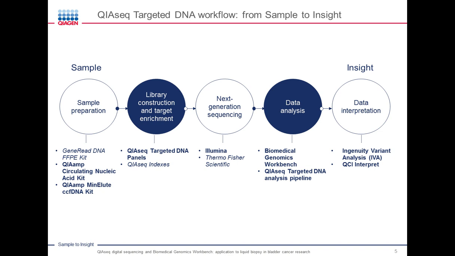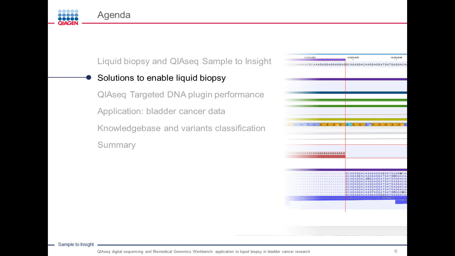And here I'm touching on a couple of products that QIAGEN offers for the sample preparation, like, for example, kits to extract DNA from plasma, circulating nucleic acid, how we can target specific genes that are associated to known diseases using the targeted DNA panels, and then how we can analyze this data by using the Biomedical Genomics Workbench, in particular the targeted DNA analysis plugin, and then interpret these data using the Ingenuity Variant Analysis or the QCI Interpret.